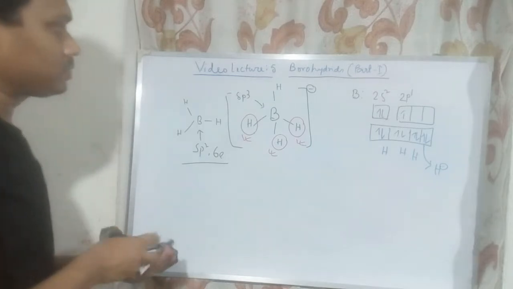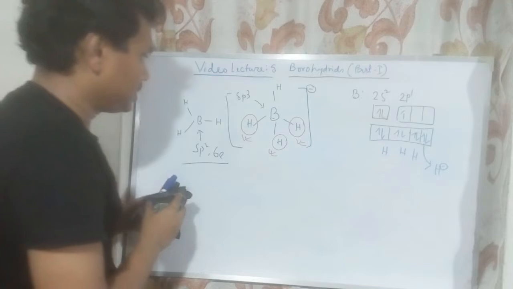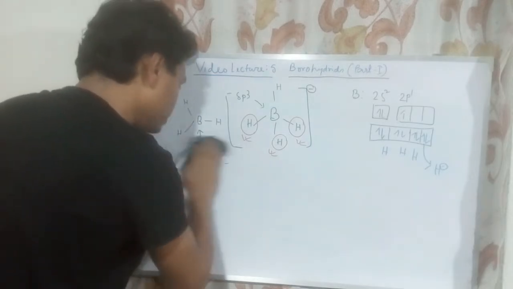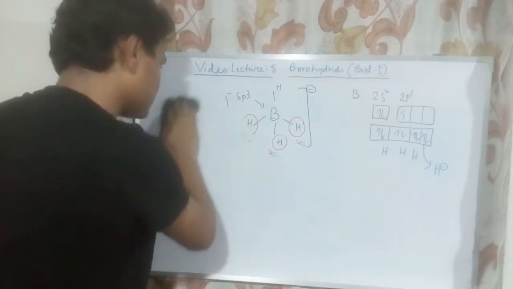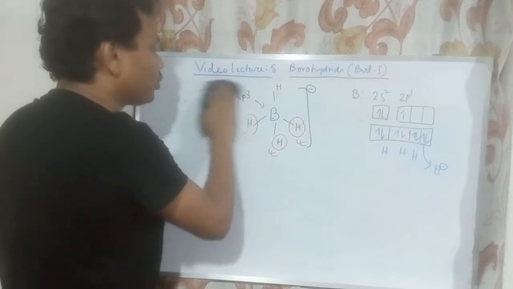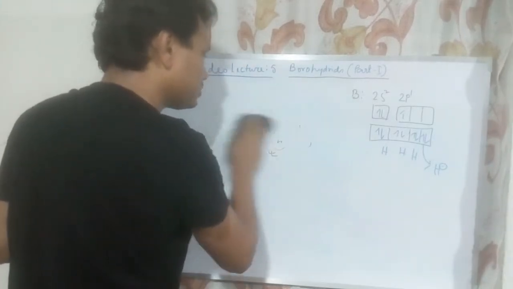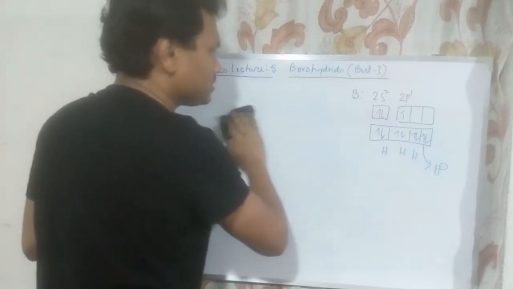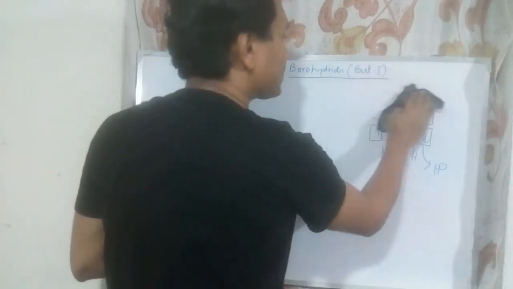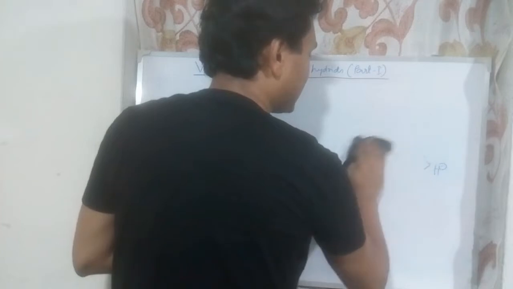So let's see its preparation. As we have discussed in our previous video, in borohydride, boron is attached with hydride, so it could be prepared by reacting a boron reagent with hydride.